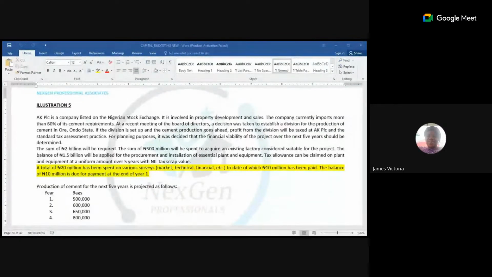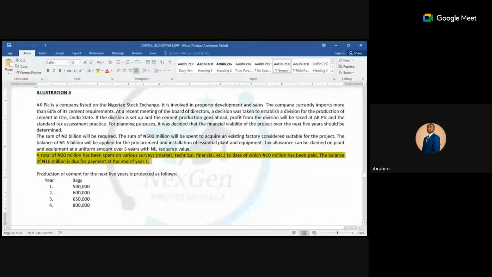The balance of 10 million is due for payment at the end of year 1. Now, are we going to recognize it? Irrelevant, sunk cost. Is it a sunk cost? Some cost has been spent. Yeah, it has been spent, right?